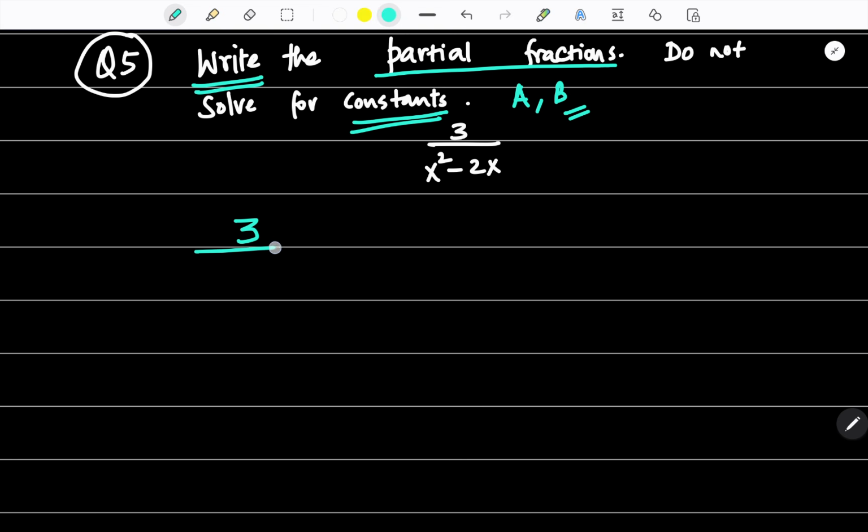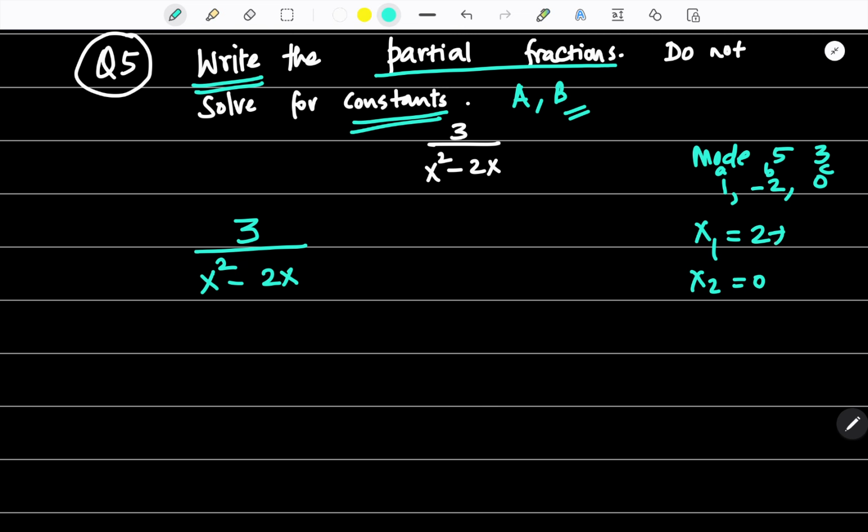Okay. So let me start. 3 divided by x square minus 2x. Take your calculator, mode 5, then 3. Give 1, then minus 2, and then 0. A, B, C. This is your A, this is your B and this is your C. If you put it like this, you will get x1 equals 2 and x2 is equal to 0.